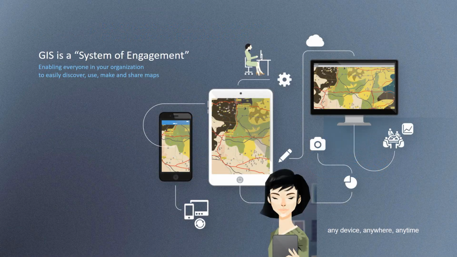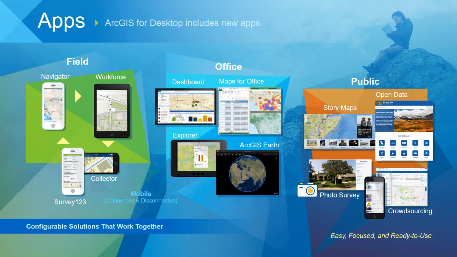Then ArcGIS is also a system of engagement. That means that you can access your data and all the geospatial capabilities from any device, anywhere, at any time. And we have different apps. We have apps for the field.